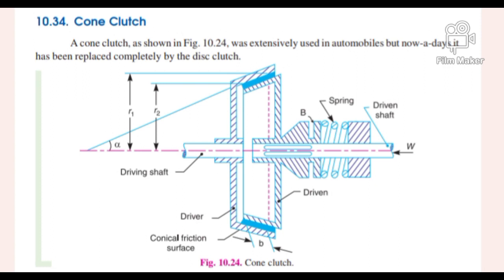The driven member resting on the feather key in the driven shaft may be shifted along the shaft by a fork lever provided at P in order to engage the clutch by bringing the two conical surfaces in contact. Due to the frictional resistance set up at this contact surface, the torque is transmitted from one shaft to another shaft.